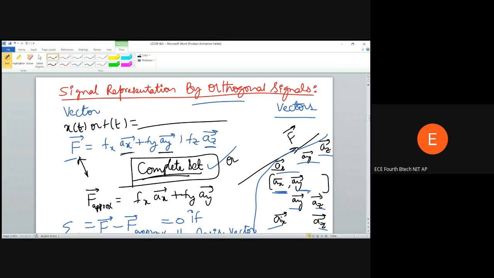Here ax is orthogonal to ay, az; they are mutually orthogonal to each other. So you are supposed to find a complete set of signals that are orthogonal to each other. Then it is possible to represent a signal by the complete set of orthogonal signals.